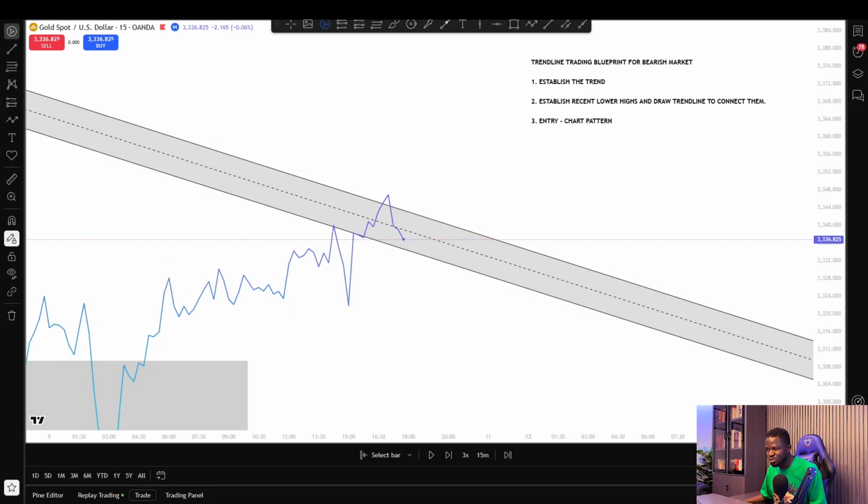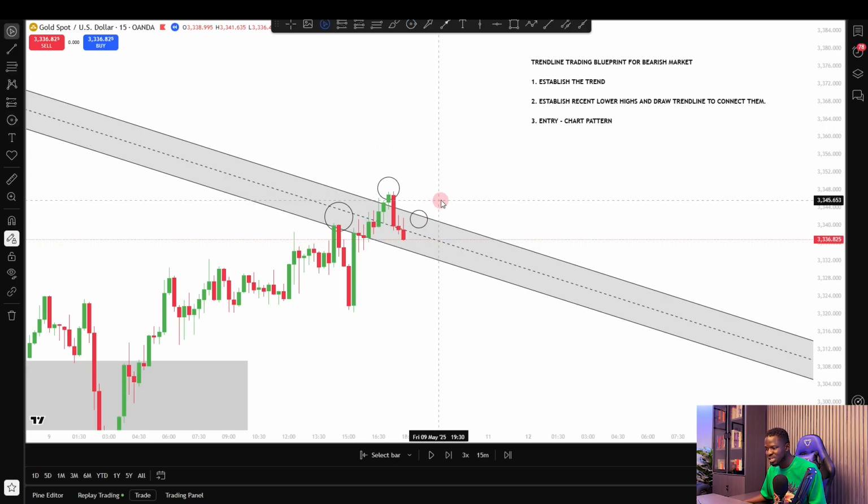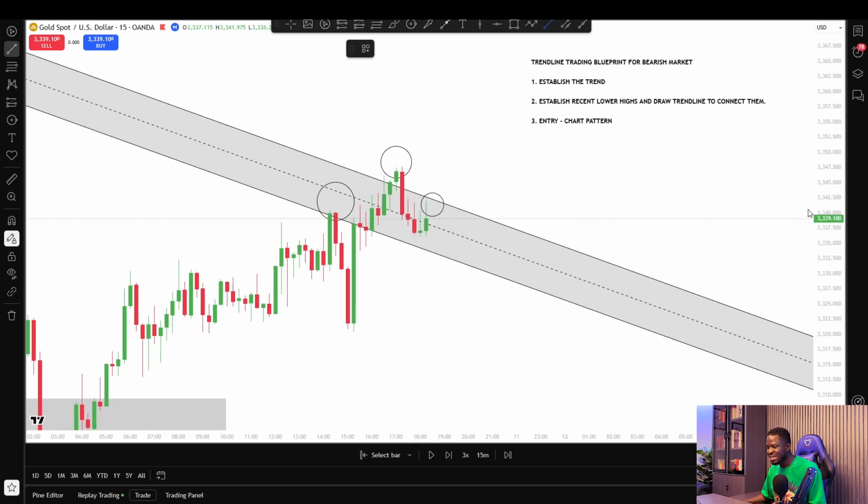Let's change the chart to line chart. Right now we have a shoulder zone around this place, we have the head here, then we have another unmitigated shoulder around this zone. Let's take it back to candlestick formation. So we need the price action to break the neckline of the head and shoulders before we can execute.